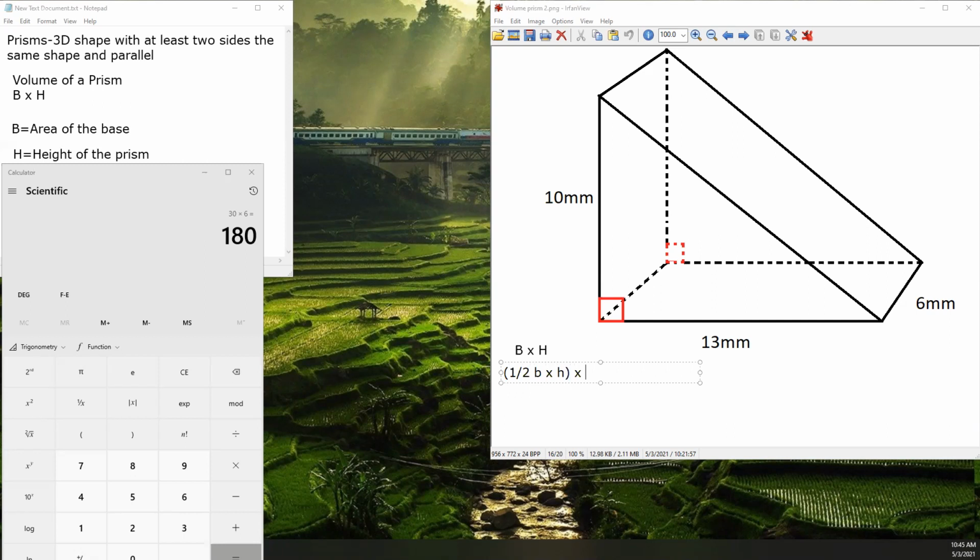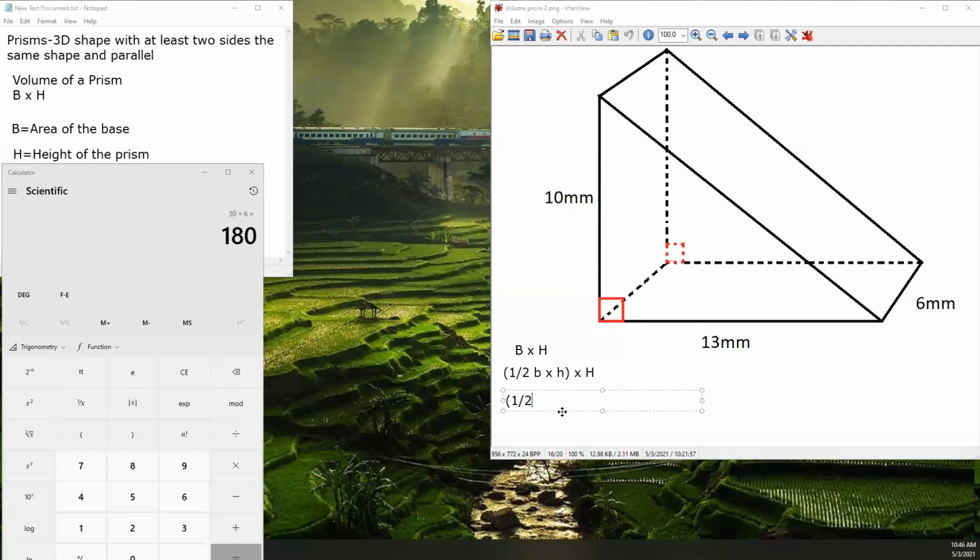And then we still got our times height of the prism. Well, now we just plug in numbers. Our 1/2 doesn't change. And since this is a right triangle, we already know its height, don't we? Because we've got this line going from the very top straight down to the bottom, making a right angle. That's the height. So we have the height and we have the base.